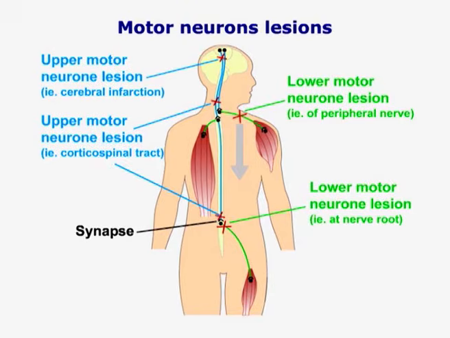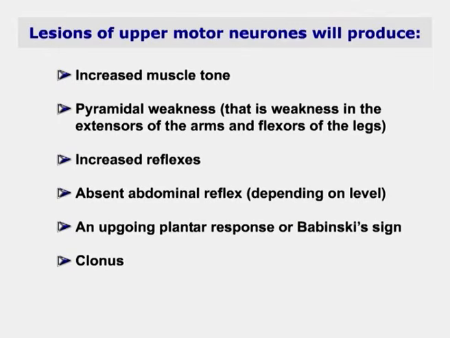A lesion such as compression, demyelination, or trauma, depending on its location, may affect the upper, lower, or even both sets of motor neurons. Lesions of upper motor neurons will produce increased muscle tone, pyramidal weakness, that is, weakness in the extensors of the arms and flexors of the legs, increased reflexes, absent abdominal reflex, an upgoing plantar reflex or Babinski's sign, and clonus.